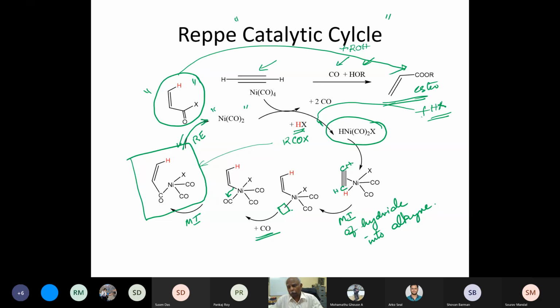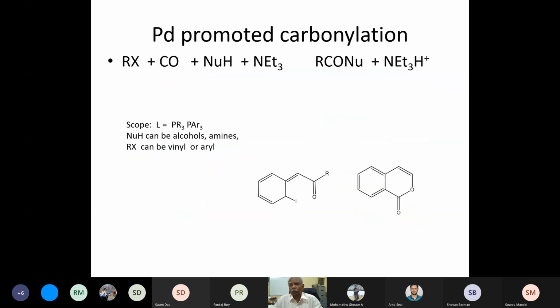Okay, so let me now show you a slightly different situation. This reaction is catalyzed by palladium complexes, and it involves oxidative addition of this group, carbon monoxide insertion, and then an internal attack of this carbonyl group to generate the ester.